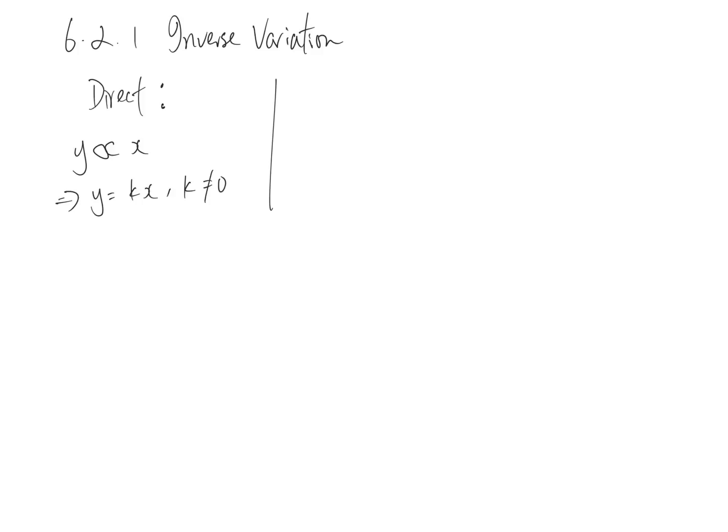But if we talk about the inverse version of variation, then when we say y varies inversely as x, that means y varies directly as 1 over x. We'll talk about these tricks later.